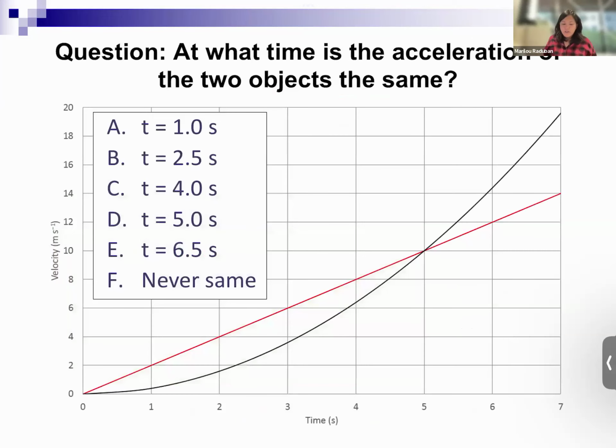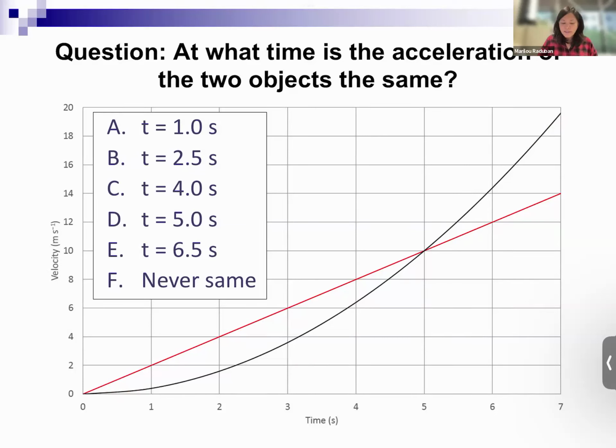Just a quick conceptual question to illustrate the point about instantaneous acceleration. We have here 2 graphs, the red graph, which is straight, and this black graph that's curved.